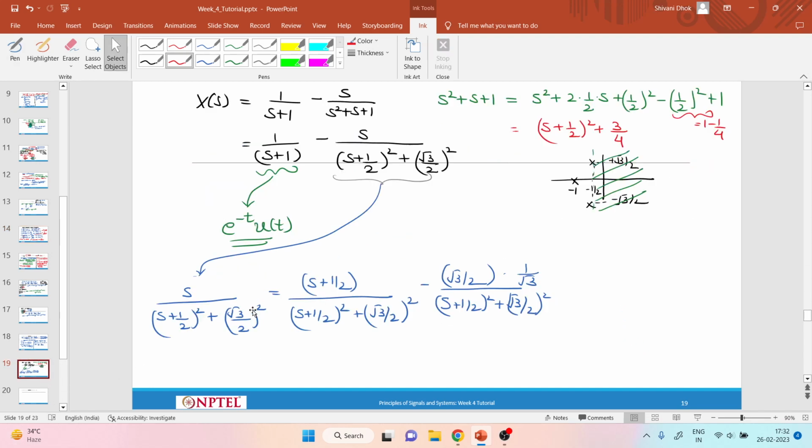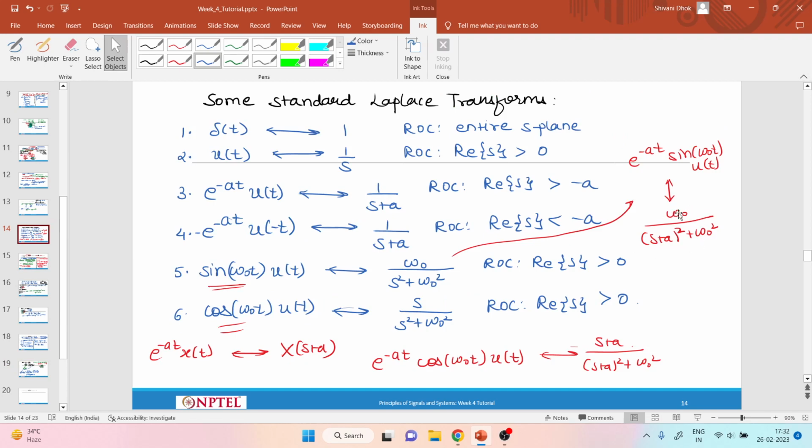But here a is equal to 1/2 and ω₀ is equal to √3/2. So in that case, this has an inverse Laplace transform of e^(-t/2) cos(√3/2 t) u(t), and minus 1/√3 here, which corresponds to a sine with ω₀ = √3/2.